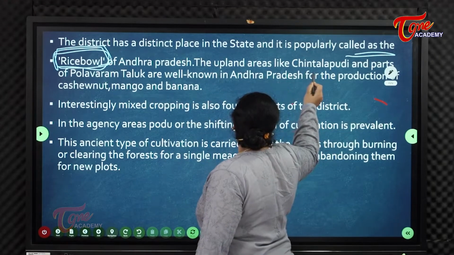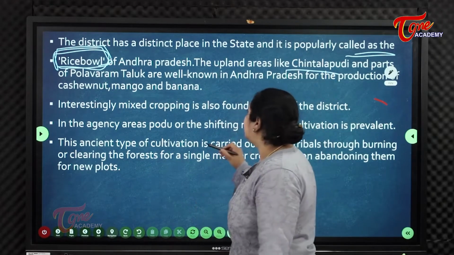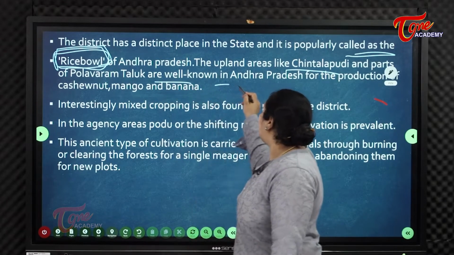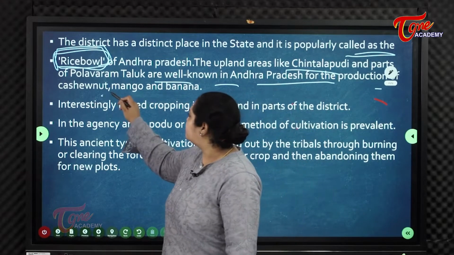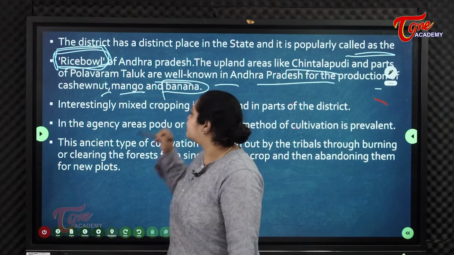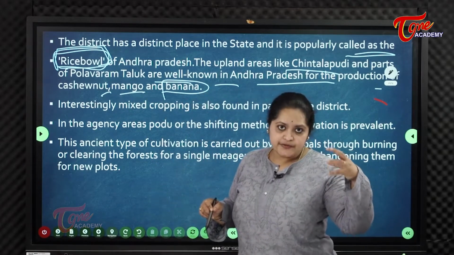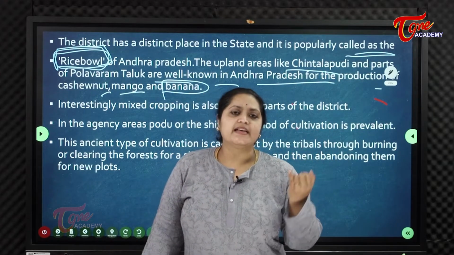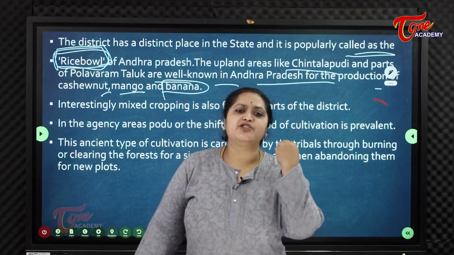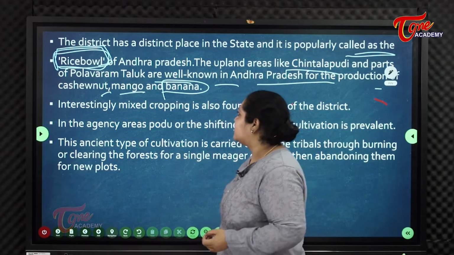The upland areas like Chintalpudi and parts of Polavaram Taluka are well known in Andhra Pradesh for the production of cashew nut, mango and banana. We have seen it has three physiological divisions: one deltaic, next uplands and the other agency tracts or agency areas.